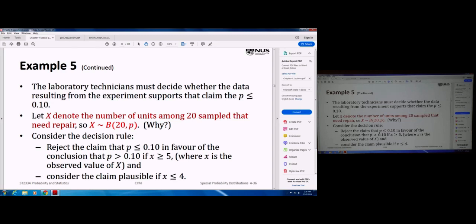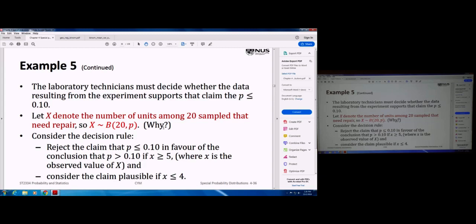So we denote by X the number of units among those 20 sampled that need repair. Okay, so X is assumed to be binomially distributed with 20 units, and the probability that they need servicing is P. Okay, so why is that the case?